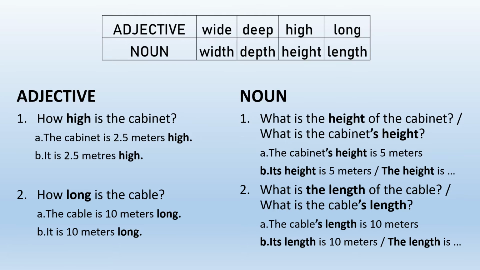What is the height of the cabinet? Or what is the cabinet's height? The cabinet's height is 2.5 meters, or its height is 2.5 meters, or the height is 2.5 meters, or another complete one, the height of the cabinet is 2.5 meters.